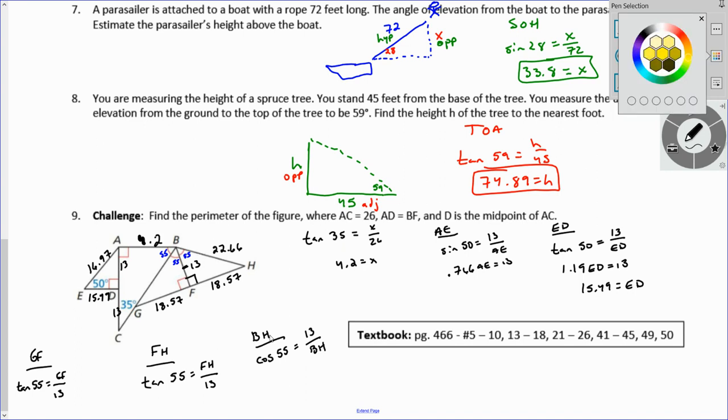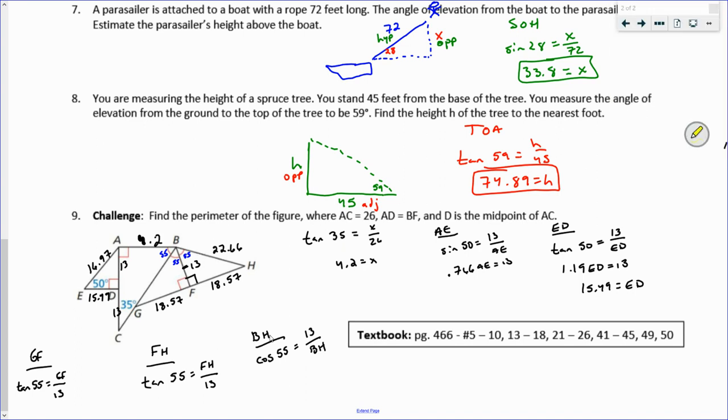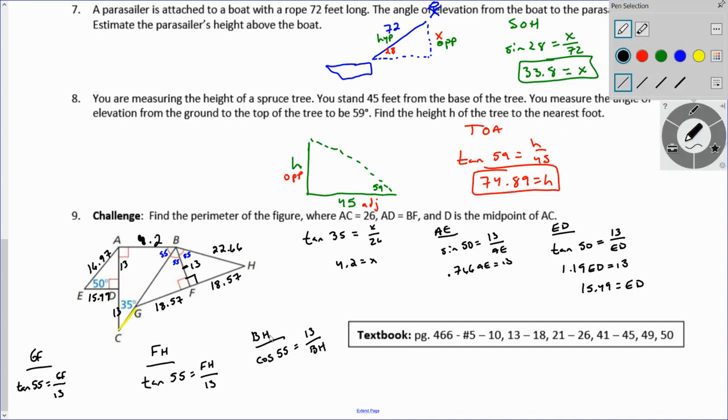Now the only one I haven't found yet, but I see how I'm going to, if any of you else are with me here, is I need to find GC. It's a two-step process to get there, right? First thing I'm going to do is find BG from triangle BFG.